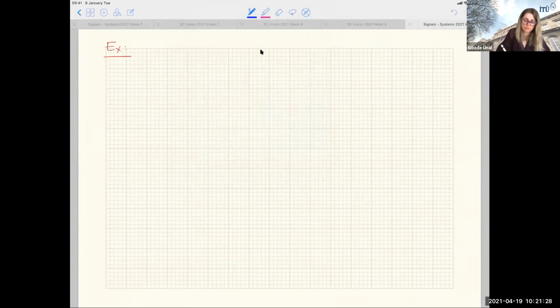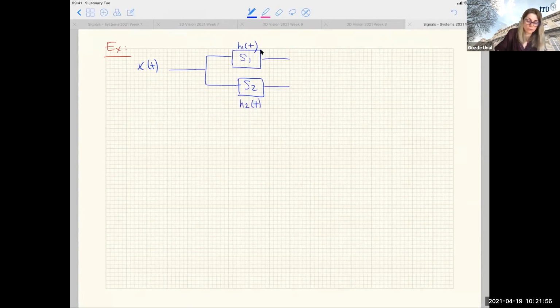I have this system, x of t. There is an S1 and an S2. System 1 has an impulse response H1. System 2 has an impulse response H2. They are connected in parallel.